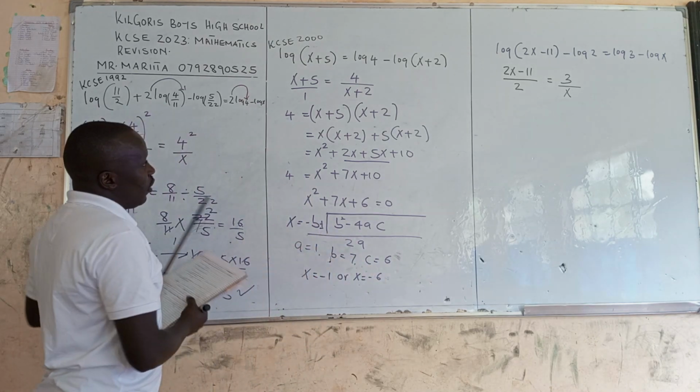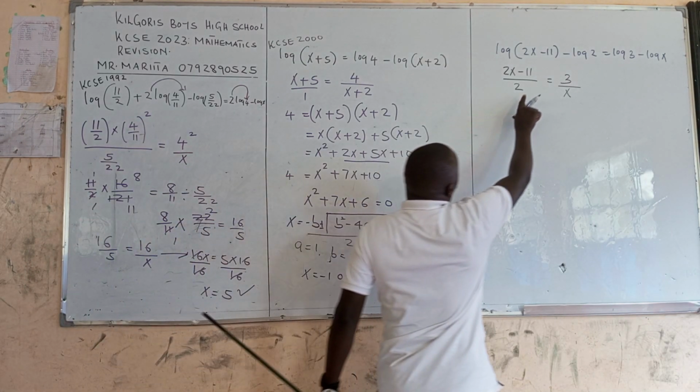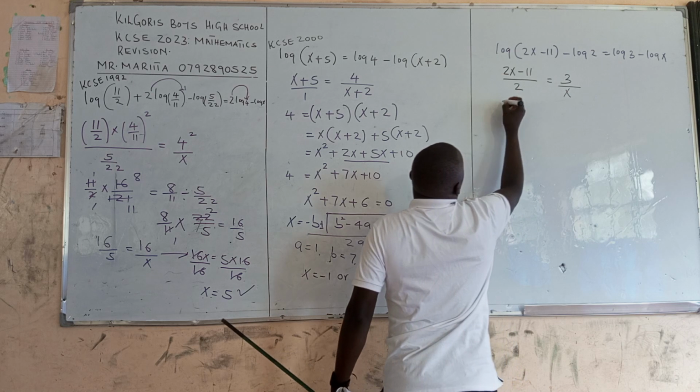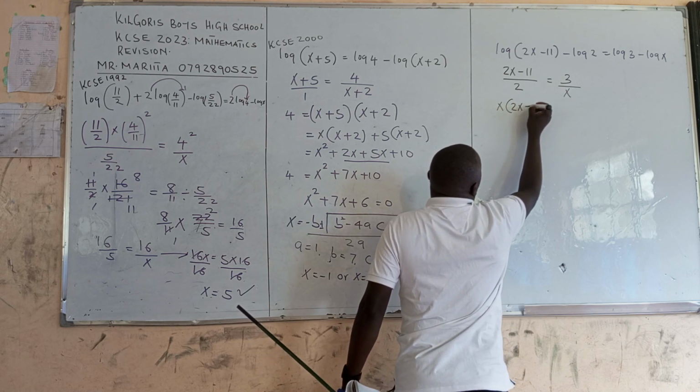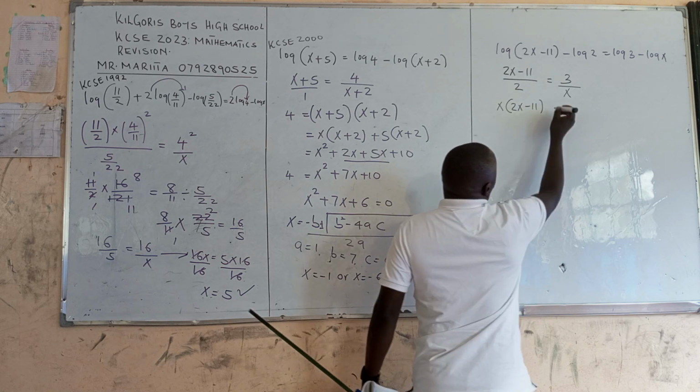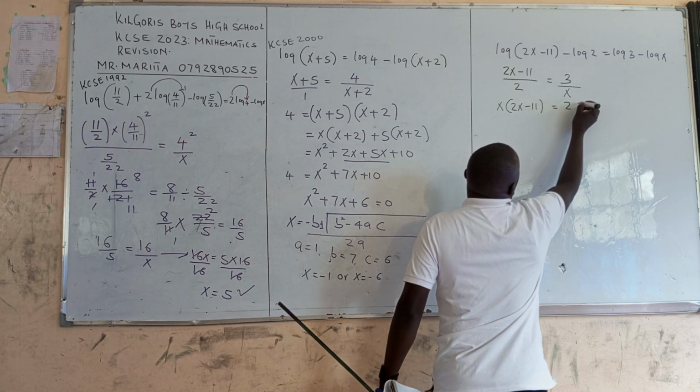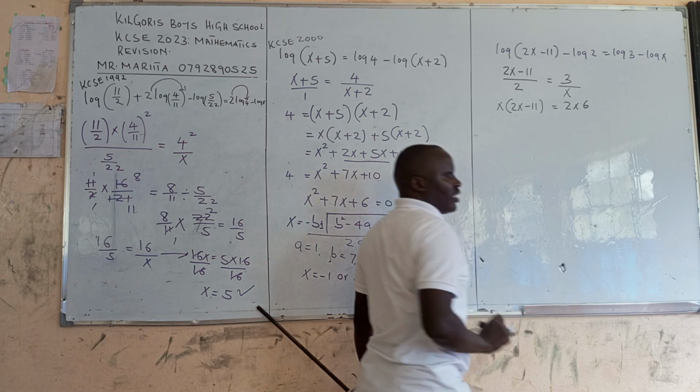If we divide that one by x also, by cross multiplication, we can have x times (2x minus 11), which will be equivalent to 2 times 6.